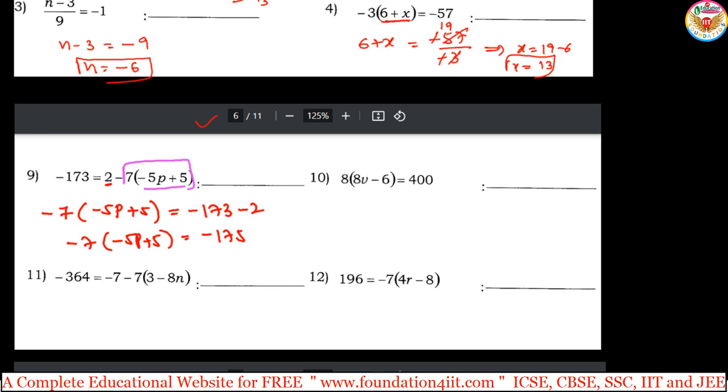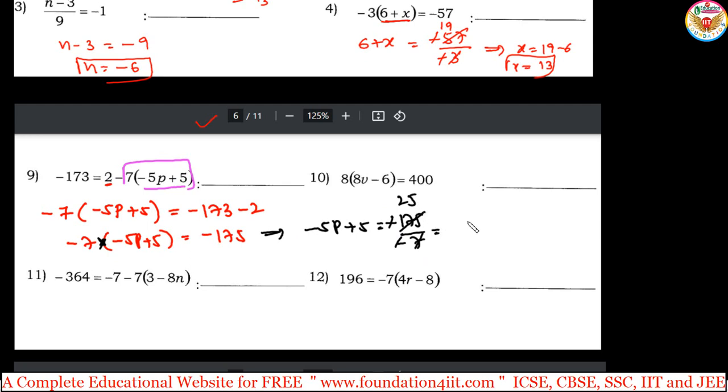Now same as the previous, minus 5p plus 5. So from this, minus 5p plus 5 equals minus 175 divided by minus 7, since minus 7 is multiplying to this. There is no sign, it's multiplication. Take this side: minus 175 divided by minus 7. Minus and minus cancel. 7 times 2 is 14, 35, 5.